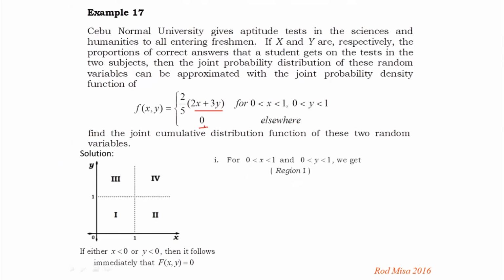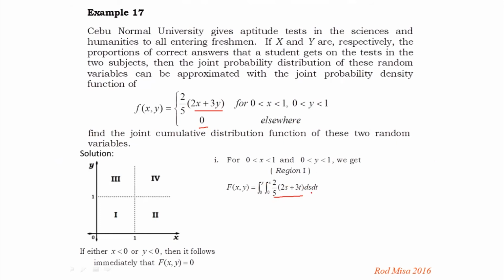So, solving for our probability for region 1, we have our x from 0 to 1 and our y from 0 to 1. So this is the double integral of our joint PDF with respect to s from 0 to x, because we are having x's from 0 to 1, and then with respect to t from 0 to y, because our y here ranges from 0 to 1.